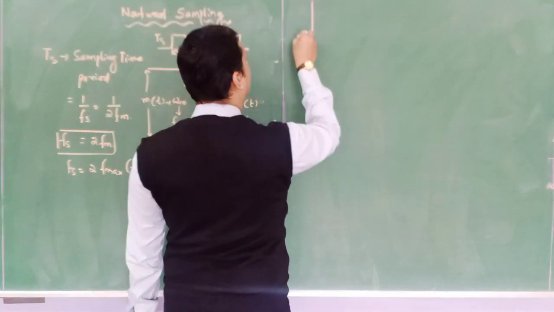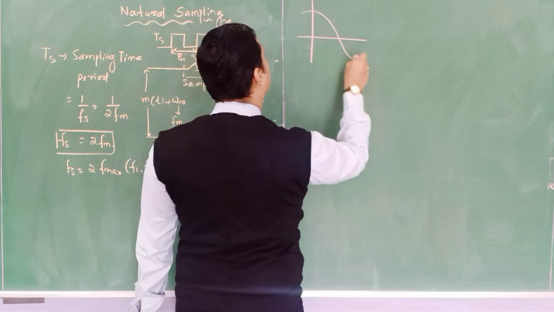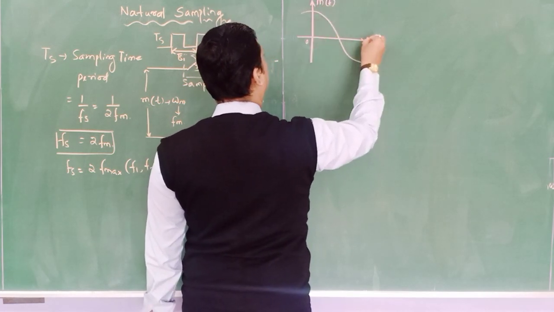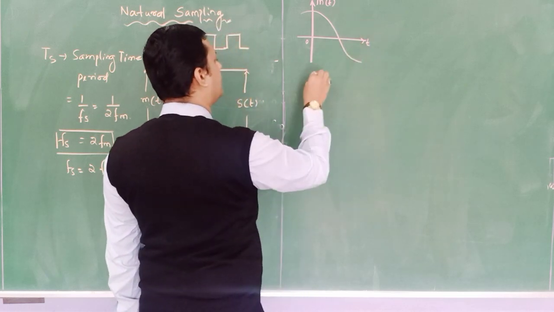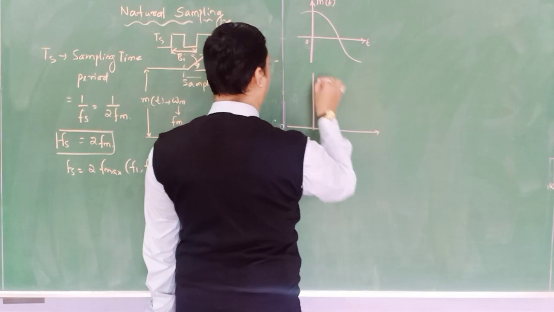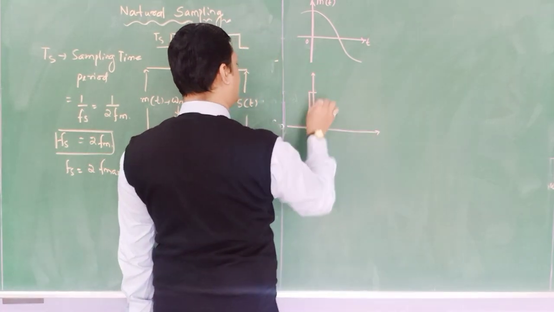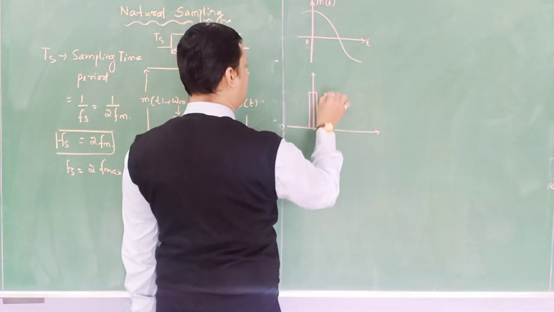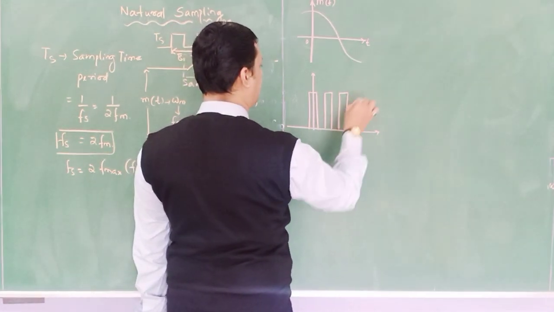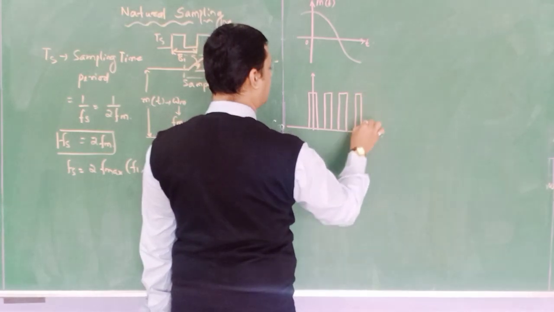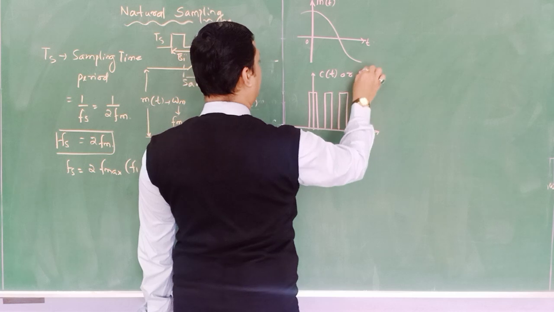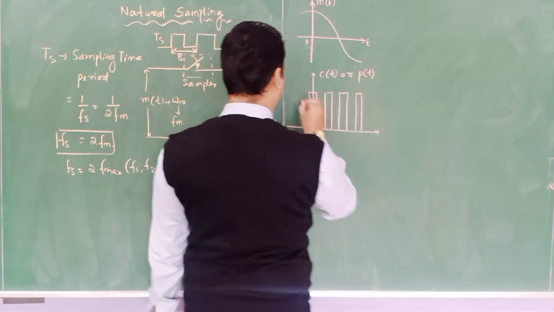So this is my modulating signal M of T. Then I am considering the pulse train. This is the pulse train. You can write this as C of T, or you can write it as P of T, either one.